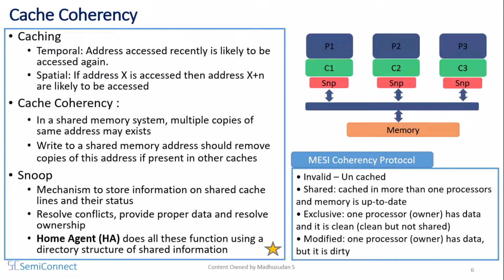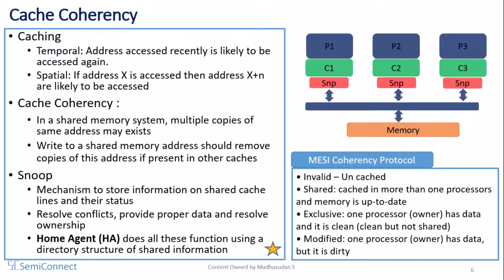That is the job done by what is called a home agent, which typically resides inside the host. And it does all these functions using what is called a directory structure that it maintains about the shared state of the caches and the cache lines inside the caches. So that's a snoop mechanism.